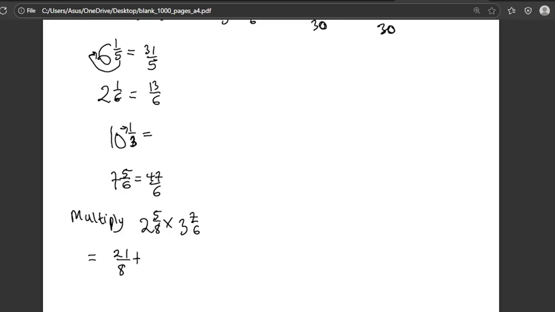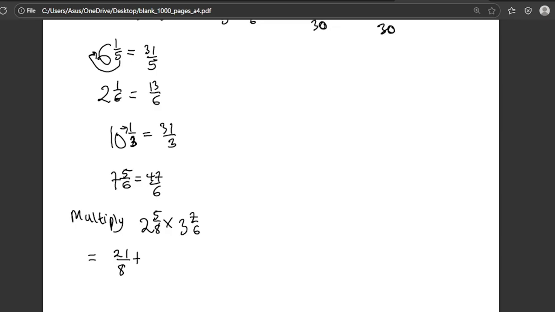The denominator there is 2, multiplied by the whole number 10. 2 times 10, 20. Add it to the numerator. The numerator is 1. 20 plus 1, 21. And also here, the denominator is 6, multiplied by the whole number 7. 6 times 7, 42. Add the result to the numerator there. So 42 plus 5, 47 over 6. Now we know how to convert from mixed number back to a proper fraction.